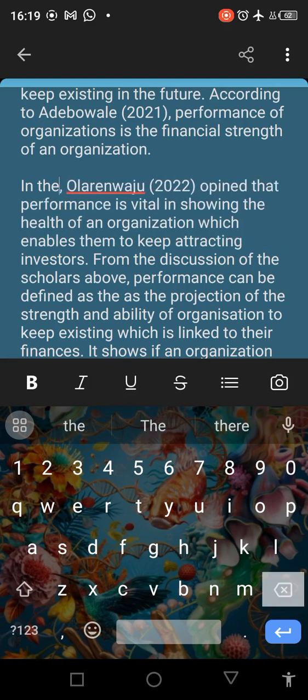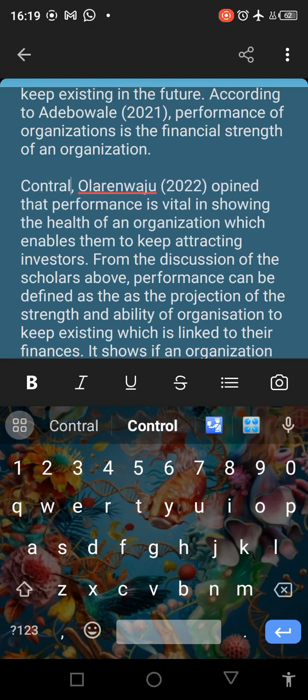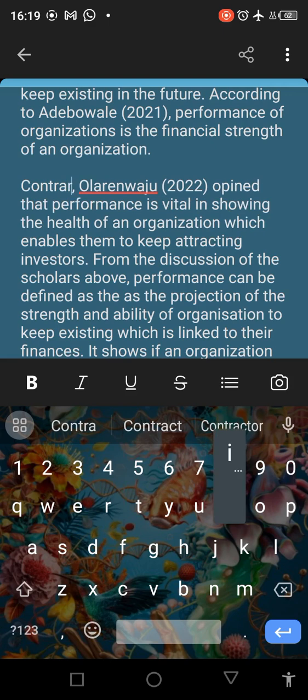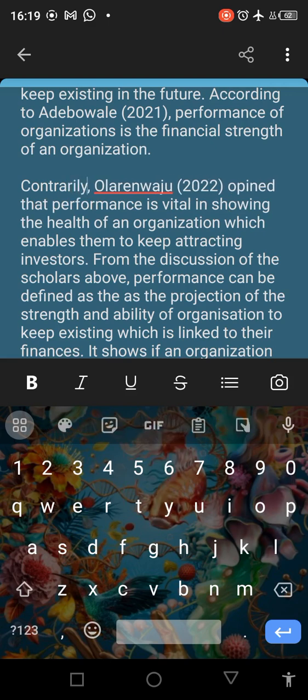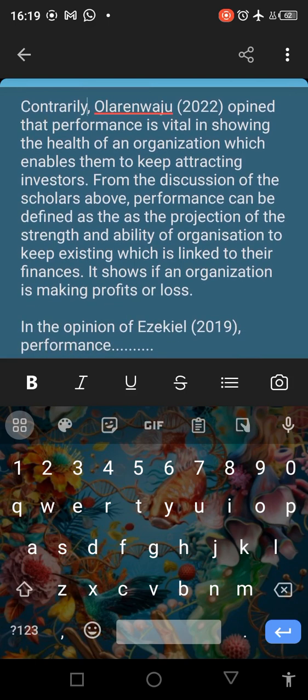I might now say, contrarily, you understand? By introducing contrarily, that is a negative word, a word that digresses from what the first author has earlier said. I will now say that this is the way it put it. The way I understand, I will also talk about it and discuss.